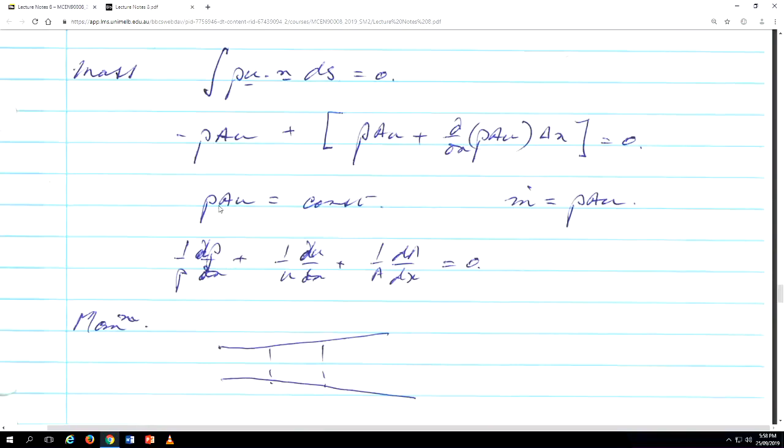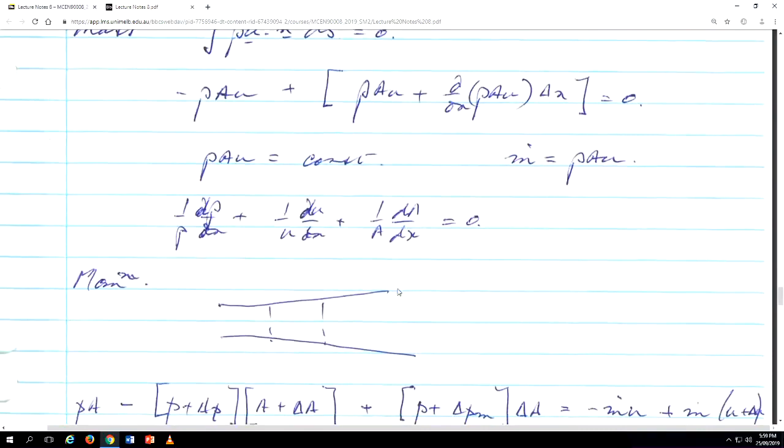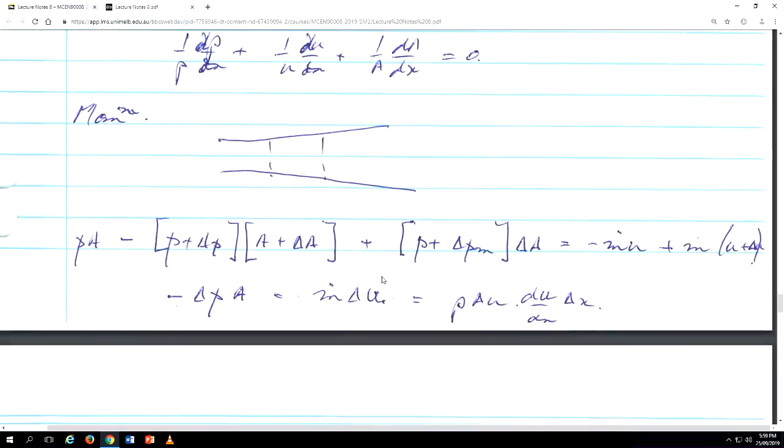The derivative of log rho is 1 upon rho d rho dx, so there's the first term, plus 1 upon u du dx, plus 1 upon A dA dx, equals 0. That follows directly from conservation of mass: rho A u is a constant. Now let's look at momentum. So here's my little control volume.